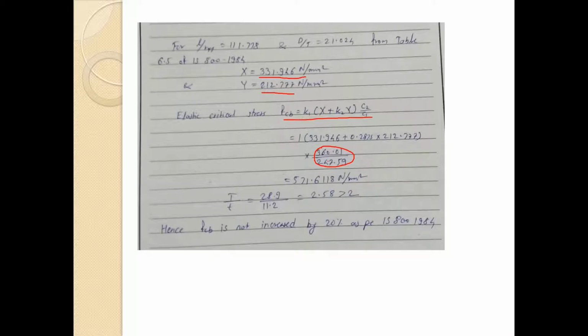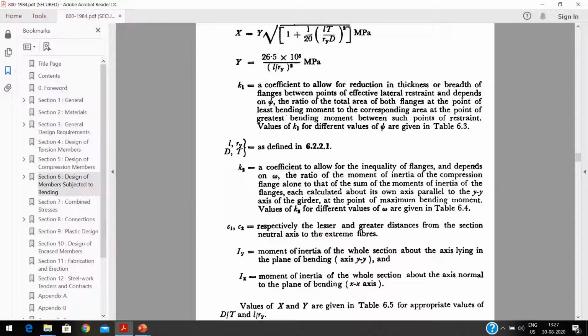So we are getting this FCB, that is elastic critical stress, that is 571.61. So T by D ratio, that is 21.8 divided by 11.2, that is 2.15, which is greater than 2. So hence FCB is not increased by 20% as per IS 800.